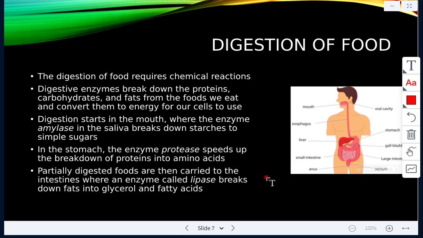It's called lipase, and lipase will start breaking down fats into glycerol and fatty acids. So we've talked about carbohydrates starting to digest in the mouth, proteins in the stomach, and fats in the small intestine. All of that involved enzymes, and all of those involved chemical reactions.